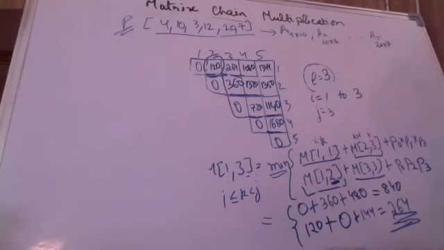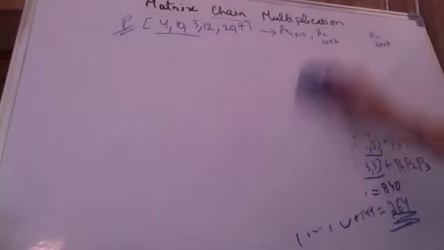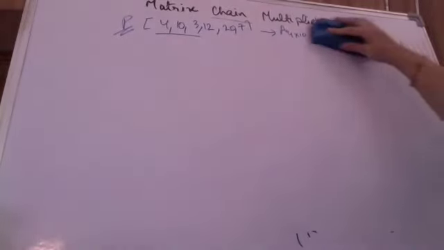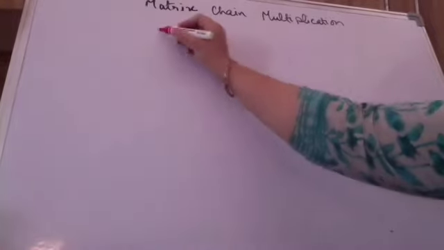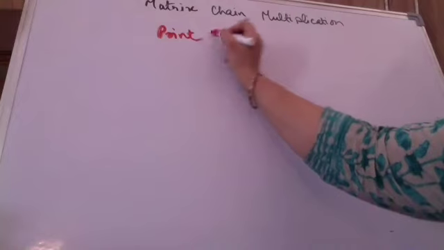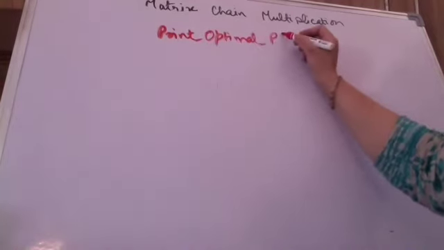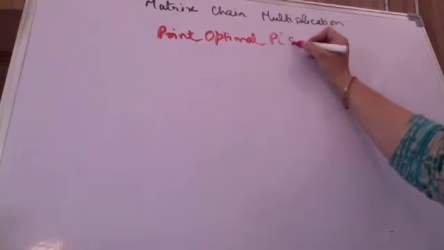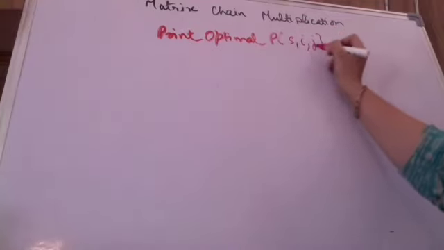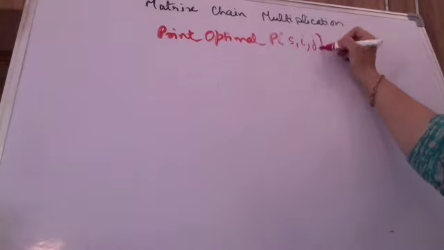So there is a small algorithm through which I can print the correct or optimal parenthesization. So I'm having an algorithm to print optimal parenthesization, which is having only my S, I and J, सिर्फ K की values ही चाहिए मुझे और कुछ भी नहीं चाहिए.